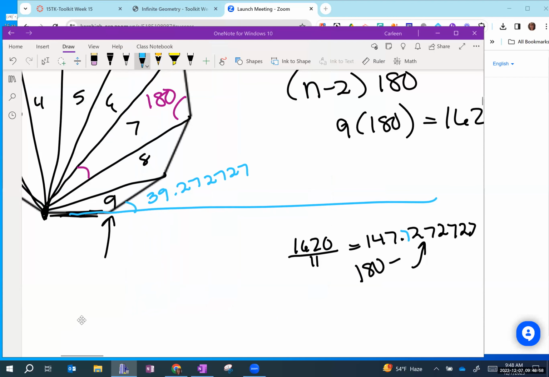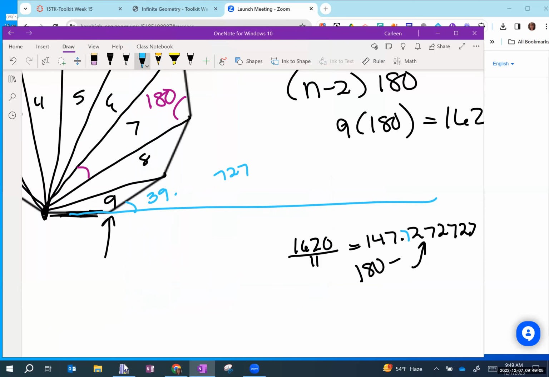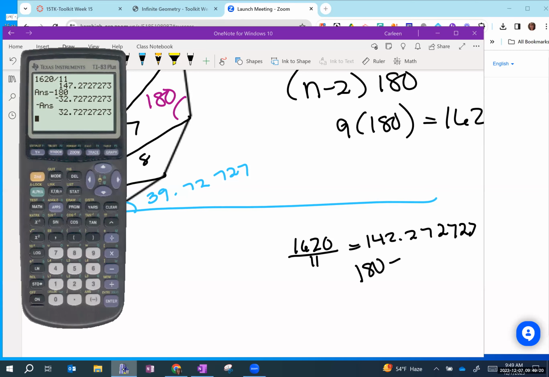Oh, okay, so I was wrong. There is no 2 right there. And there's no 7 right there. Bring back the calculator. Does everyone see that 39.72 is the measure of an exterior angle of this 11-gon?